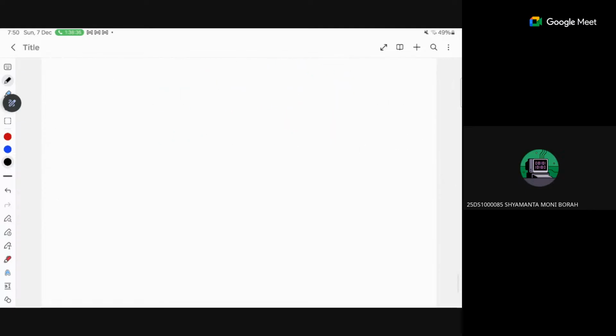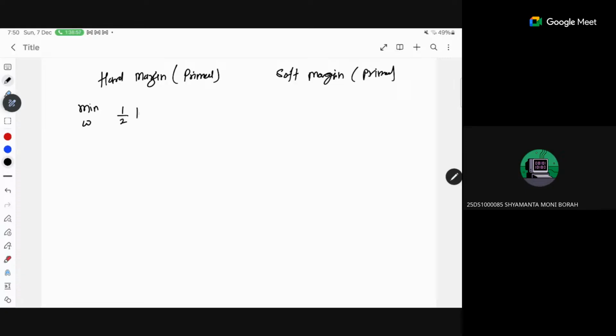I'll just write down again one more time: hard margin primal formulation, soft margin formulation. What is hard margin primal formulation? It is minimize over W half of W square such that W transpose xi yi is greater than or equal to 1.